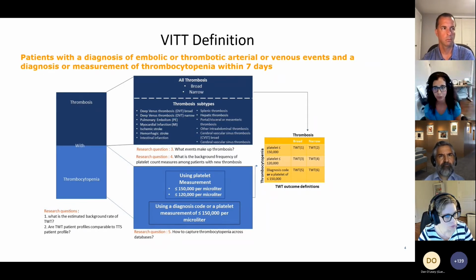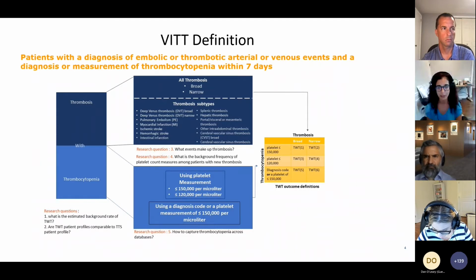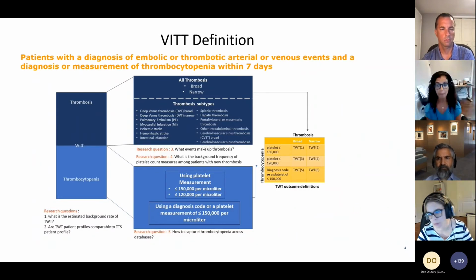And then we also wanted to know what is the background frequency of platelet count measurements among patients with new thromboses. Because now that this is a phenomenon, we expected that after the vaccines became available and people are using them, anybody who comes to the hospital with a thrombosis and reports that they've been vaccinated, physicians, now that they are worried about this phenomenon, will send the patients to get a platelet count or blood count measurement.